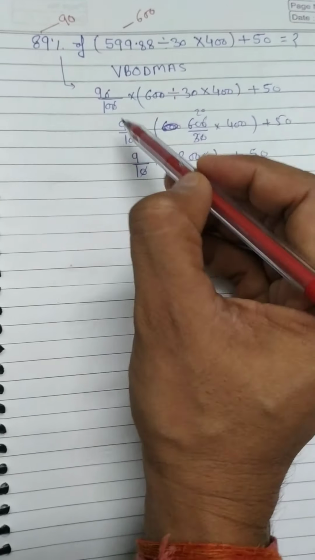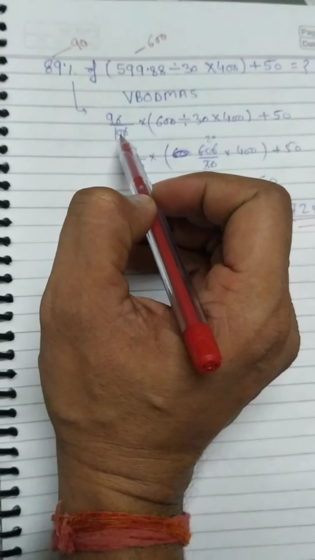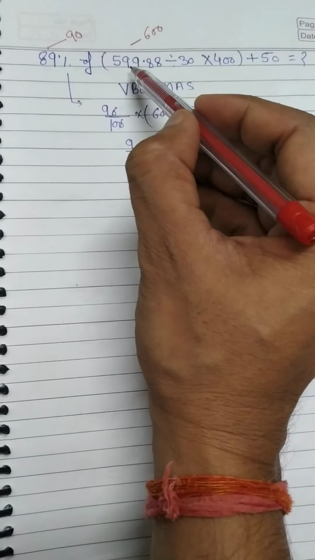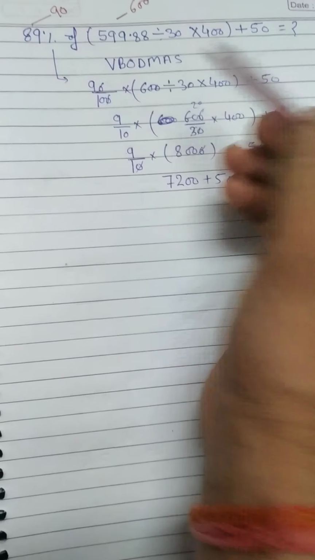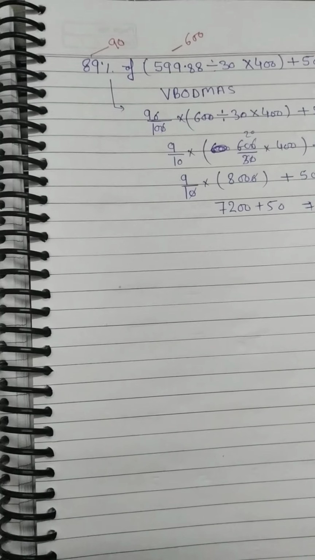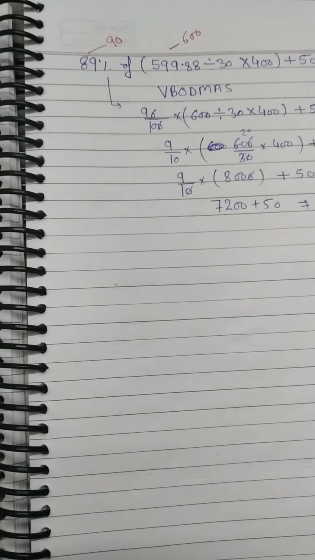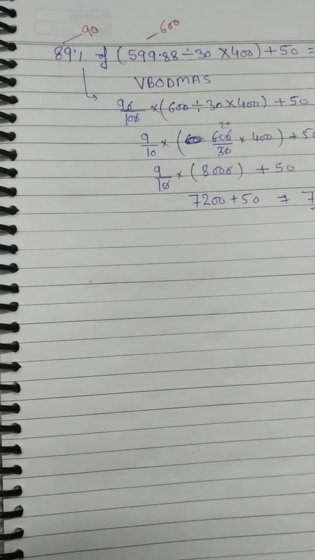We write 90 for 89, and 600 is easy to calculate. This is a funda for how to save your time in the examination, how to quickly solve any very difficult equation.